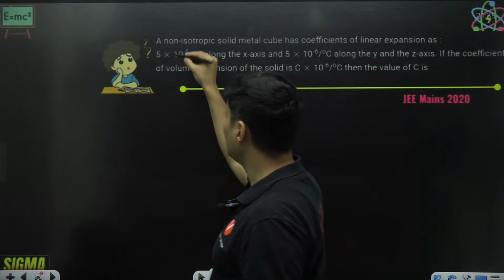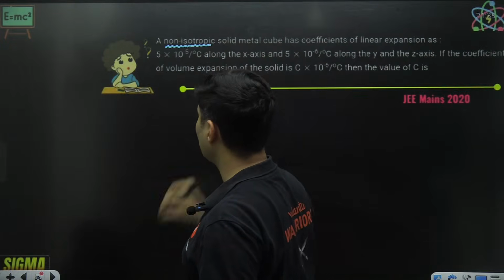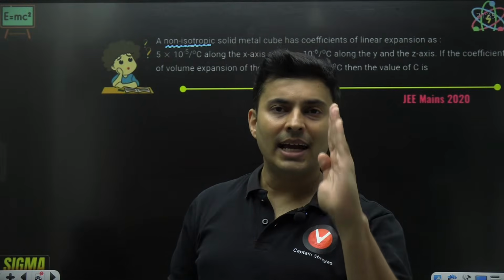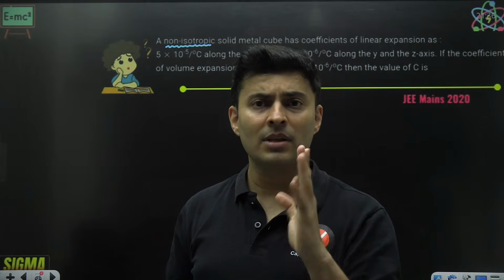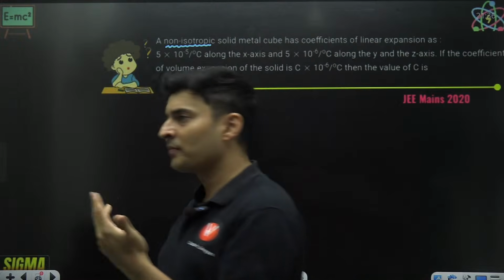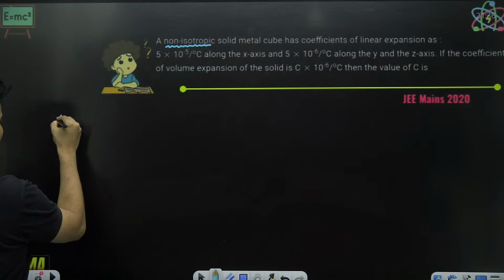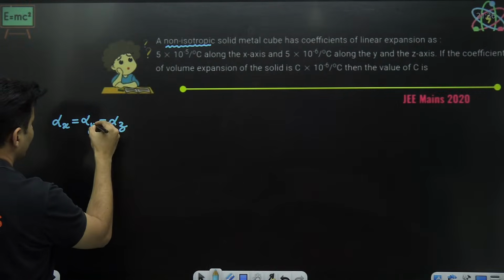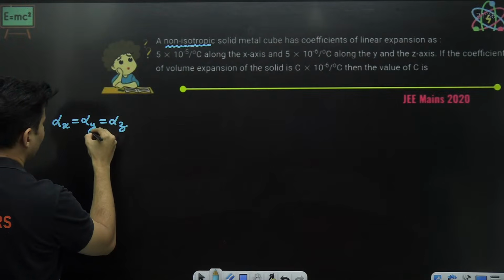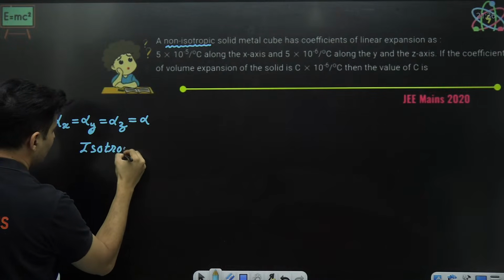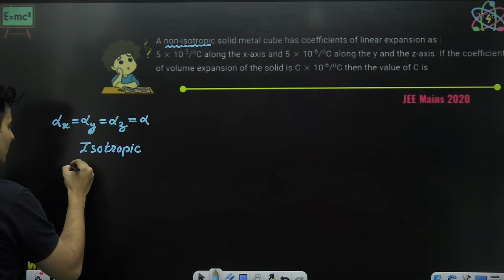Now the catch in the question is this word, non-isotropic solid. What is the meaning of it? See, isotropic means direction does not matter. The properties, the behavior is the same whether you go along x, y, or z. Most solids or liquids are isotropic. So the alpha in the x, y, and z directions will be the same, and it is just alpha.